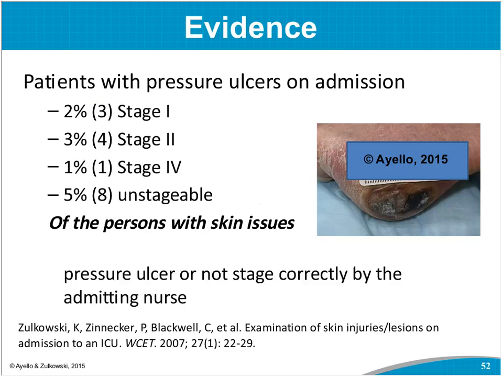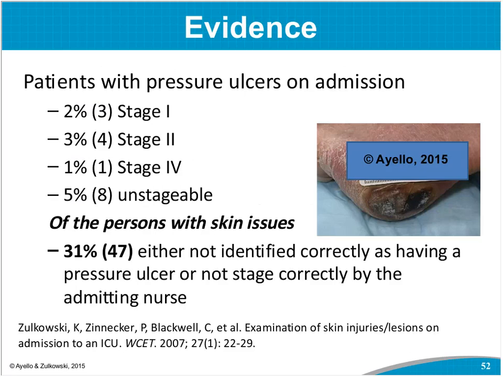So if you want to pick up on what you found in terms of the stages of people who had pressure ulcers on admission, Karen? Yes, the big thing here is, they found all stages, but the big thing that was so significant was that of those people that came in, that the nurses had first checked and relooked at, 31%, or 47 of those patients, were either not identified correctly as having a pressure ulcer or not staged correctly by the admitting nurse.